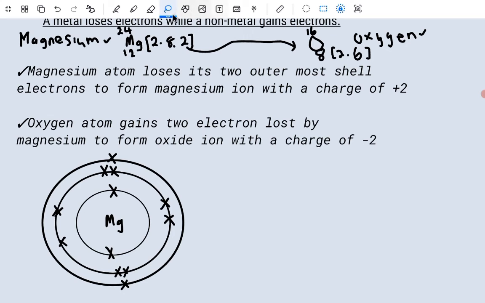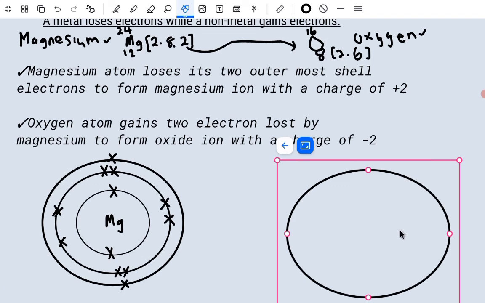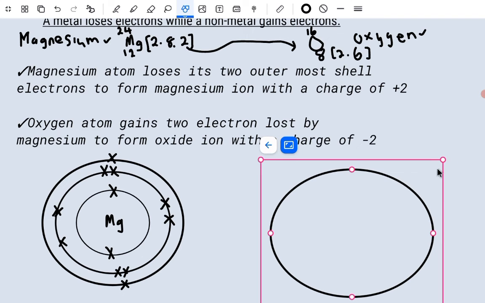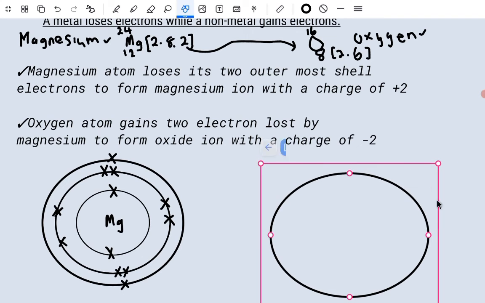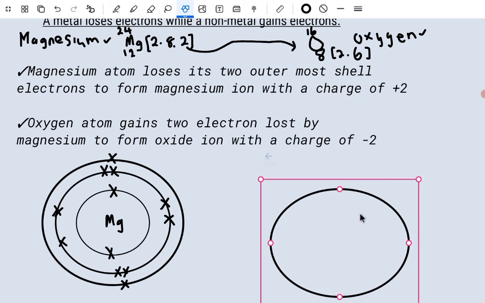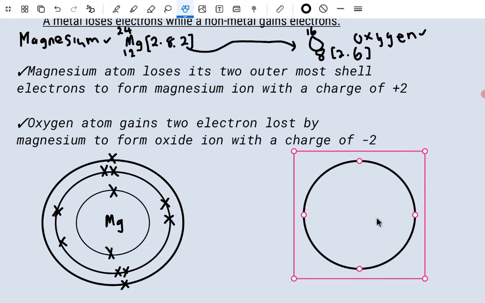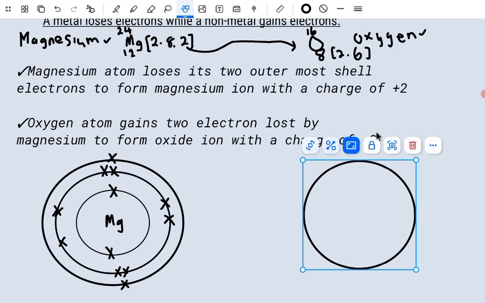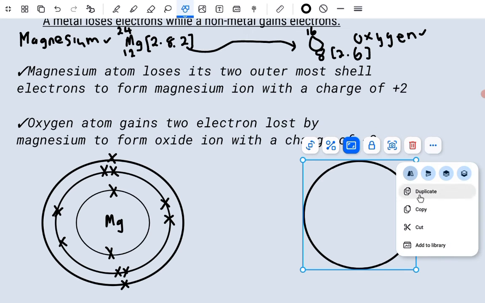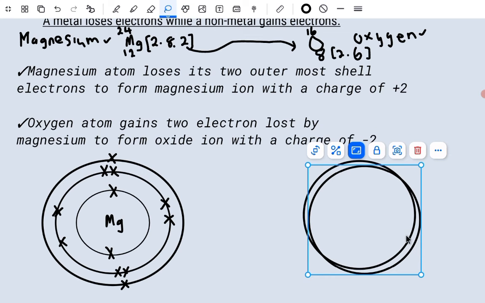Okay, so I'm going to draw for oxygen. First shell. That is too big, it's too wide. So this is the first shell, and then I draw the second shell.